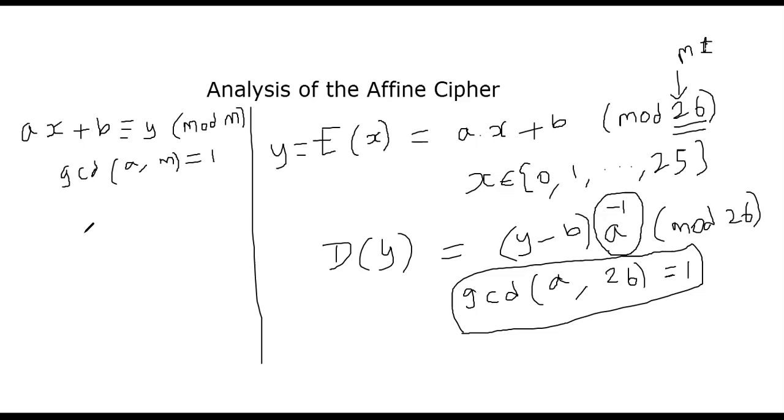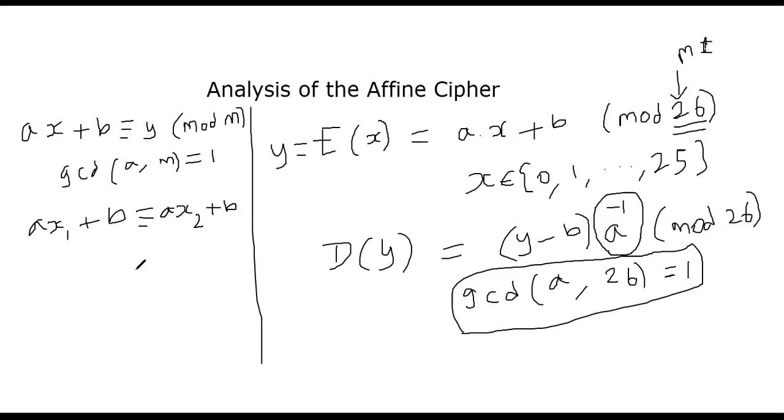So let's continue this discussion now. Suppose GCD of A comma M is 1. Can I now show you that this function is one-to-one? How do I do that? Let us assume there is some collision for a moment. Let's say A times x1 plus B is congruent to A times x2 plus B in mod M. I'm not going to write the mod M, you can write it if you want.